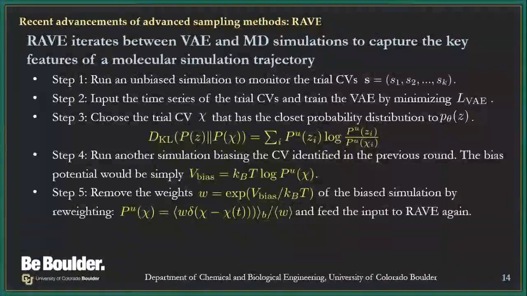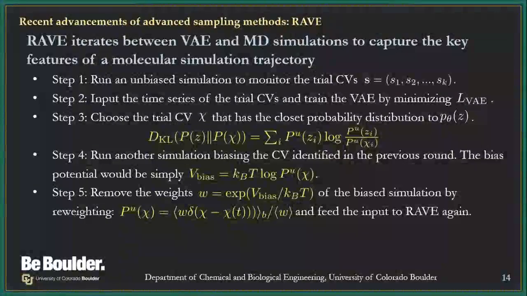Mathematically, we measure the Kullback-Leibler divergence, like the equation you see in the third step. We use that to minimize the difference between the probability distribution of the candidate CV and the output CV.